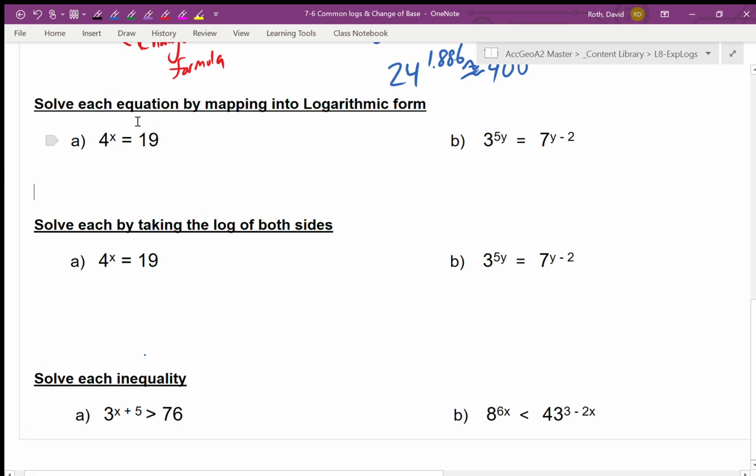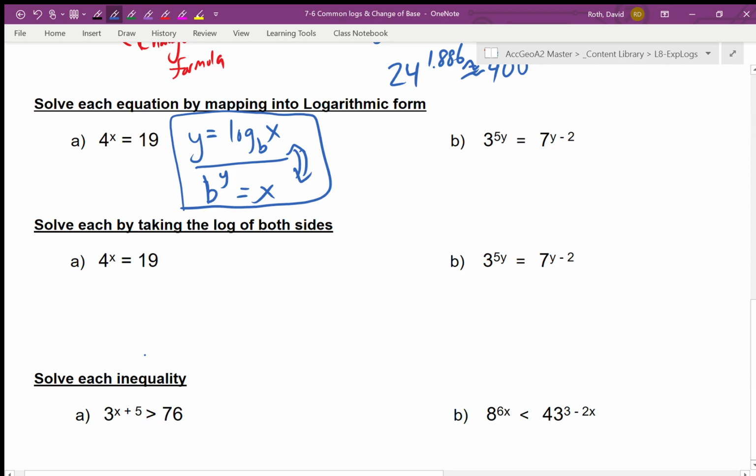So when we mapped, we defined logs as y equals log base b of x. Now we say that maps into a power, so b to the y power equals x. We define that as a mapping between the two forms.